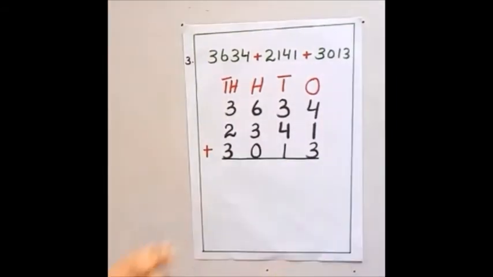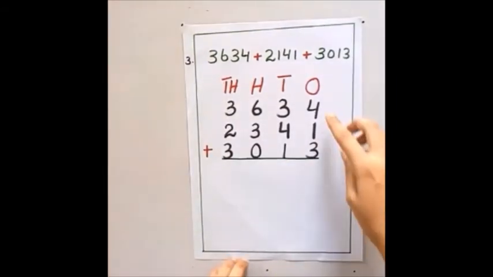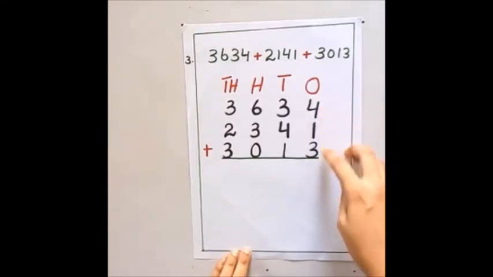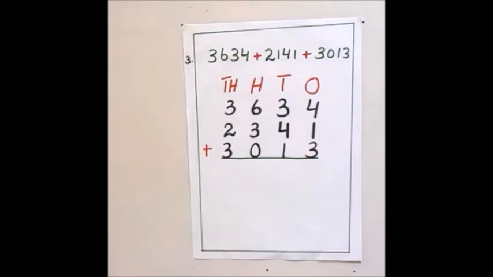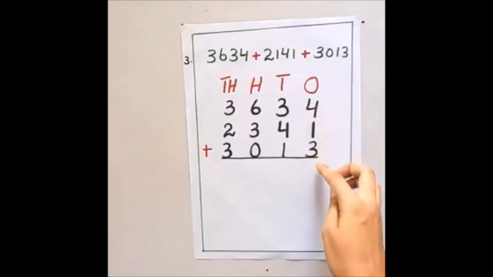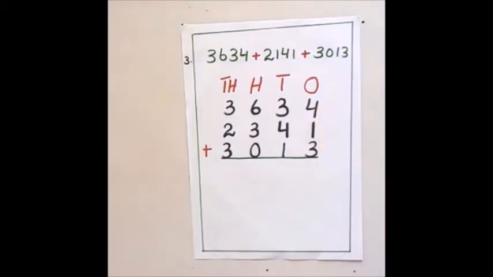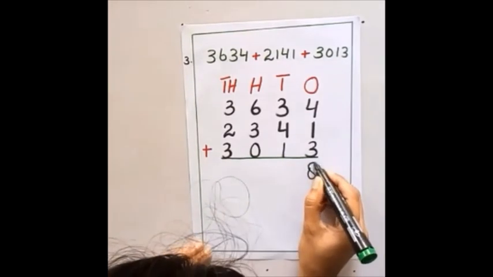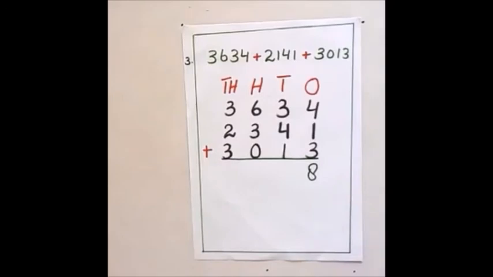In the ones place there are three numbers: 1, 4 and 3. So 4 plus 1 plus 3 is 8. So I will write 8 under the ones place.